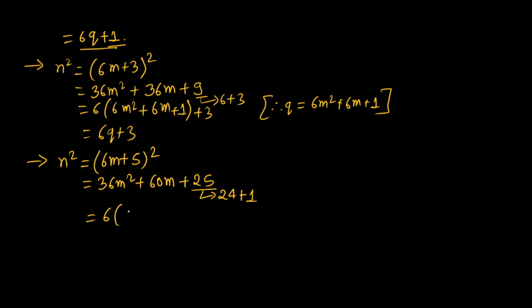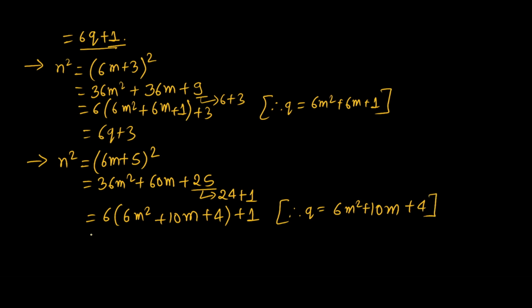So 6 will be common, so 6m square plus 10m plus 4, plus 1. So we will get q is equal to 6m square plus 10m plus 4. So we will get 6q plus 1.